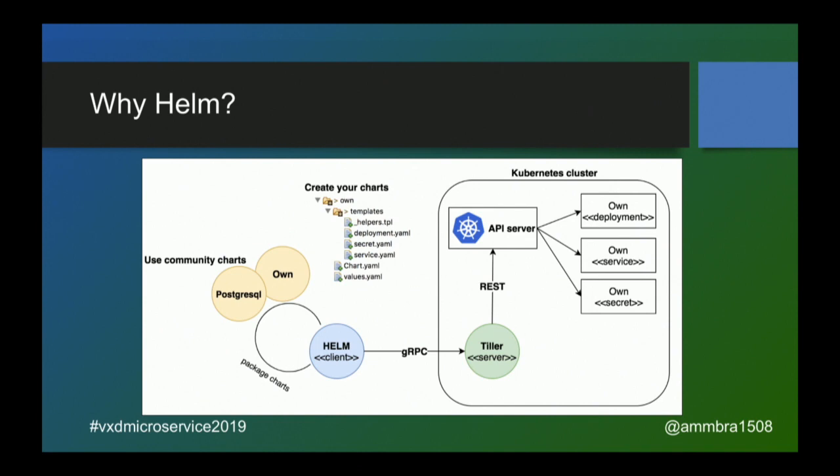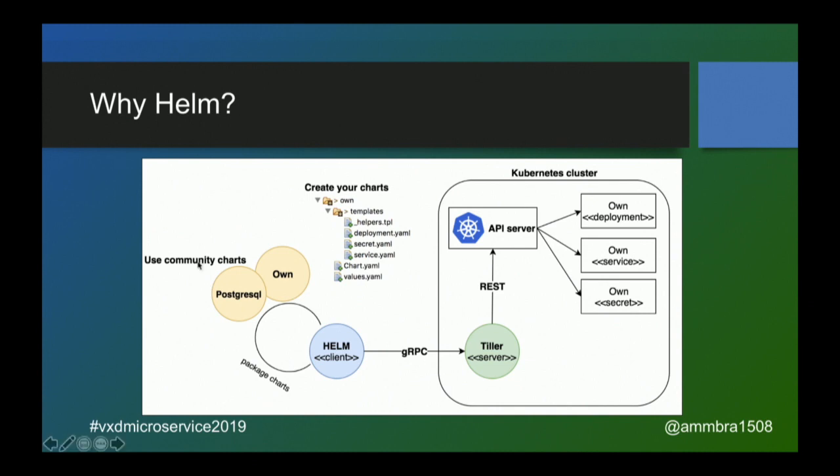And of course, you can define multiple values files, which can be differentiated per environment. Thus, you can achieve parameterization, which, as we were talking about earlier, doesn't come out of the box in Kubernetes. You can parameterize per your need.